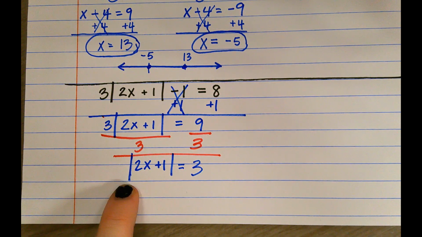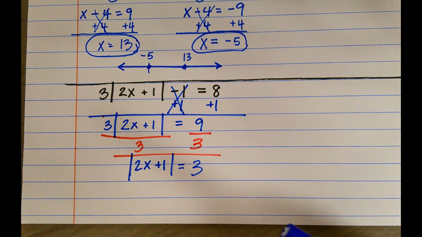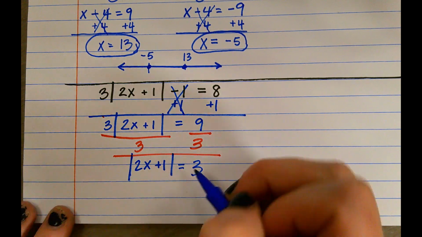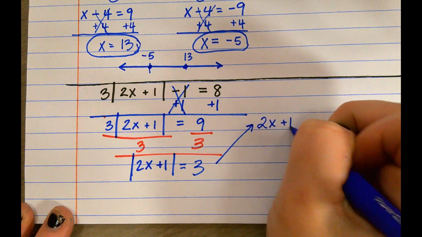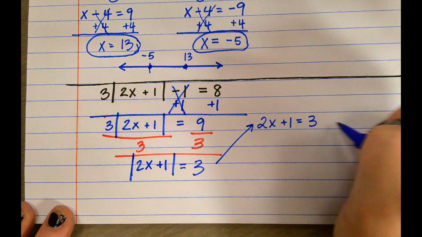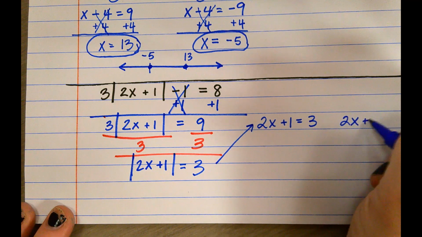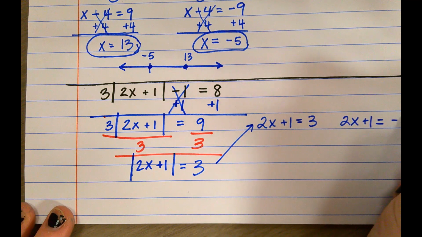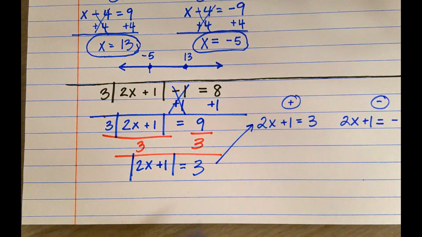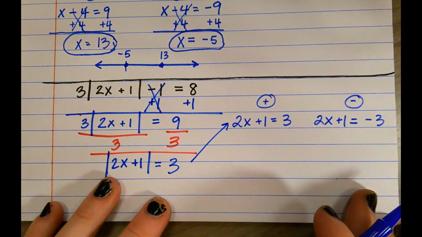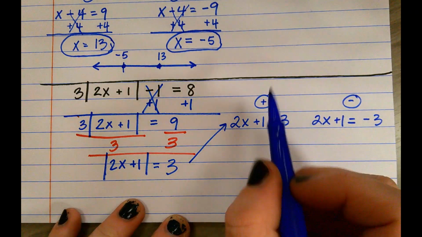Yes, we have to get this absolute value by itself. And now it's by itself, so we can split it into 2x plus 1 equals 3 and 2x plus 1 equals -3. And we'll just solve it like normal.